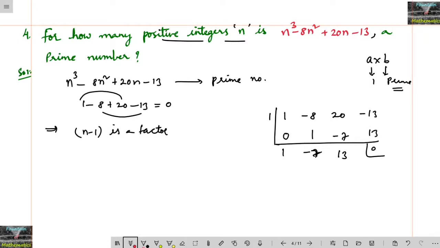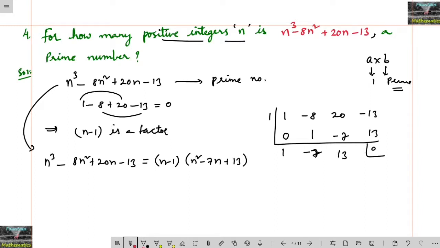So we got one more factor, so we can write n to the power of 3 minus 8n square plus 20n minus 13 is equal to (n minus 1) into (n square minus 7n plus 13).